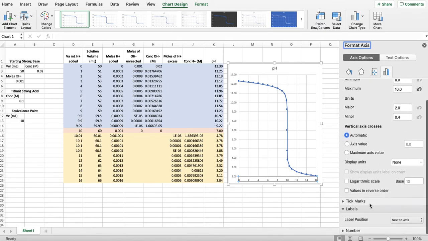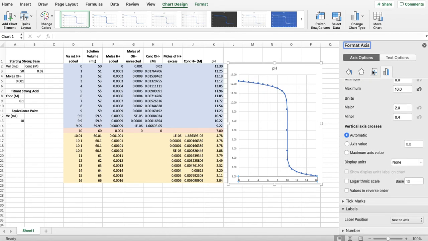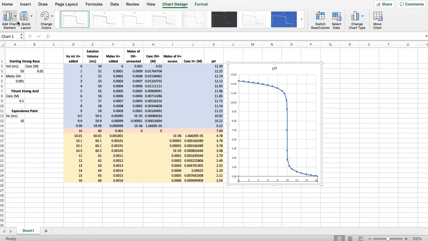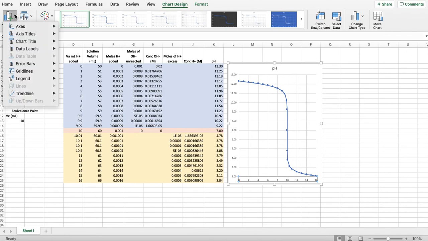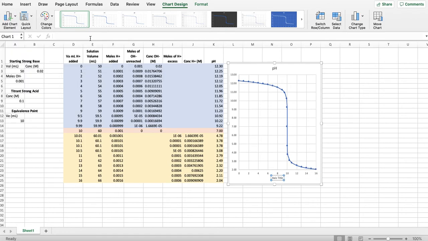Labels, that might do it. Nope, that's just telling me where to put them. Add chart elements. Here we go. Axis titles. So the primary horizontal, the axis title will be VA milliliters.